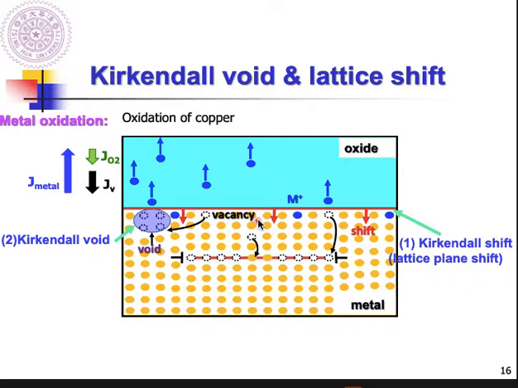Based on this, you can observe some vacancy presented at the copper side. And this is the Kirkendall effect. So as long as there's a vacancy flux, you should also observe the void and also the plane shift.